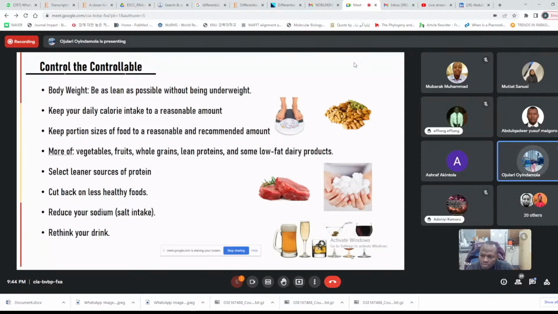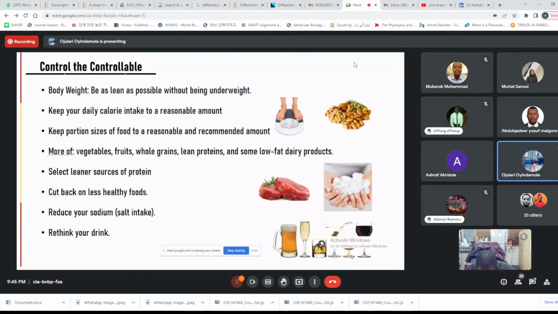The first thing is our body weight. As I said previously, obesity can lead to cancer. And one of the things attributed to obesity is weight gain, energy imbalance, calorie imbalance.